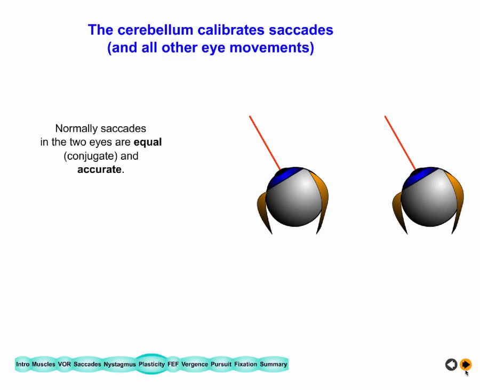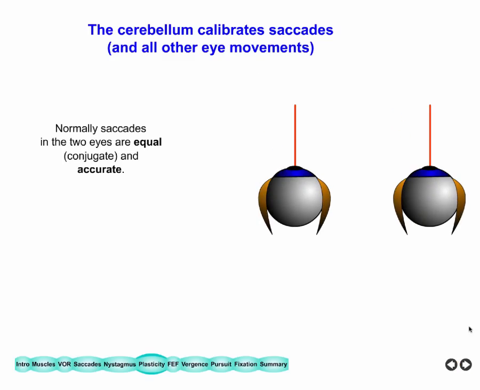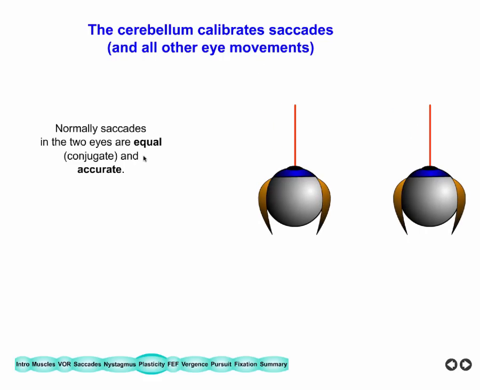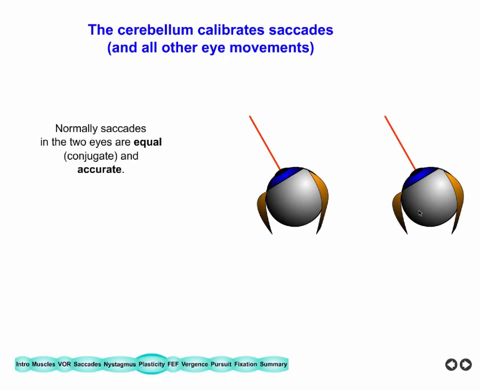Okay. Well, as with any other movements, the cerebellum is involved in calibrating them. We saw the cerebellum was involved in calibrating the VOR. Well, it's also involved in calibrating saccades. So let's look at these eye bulbs.